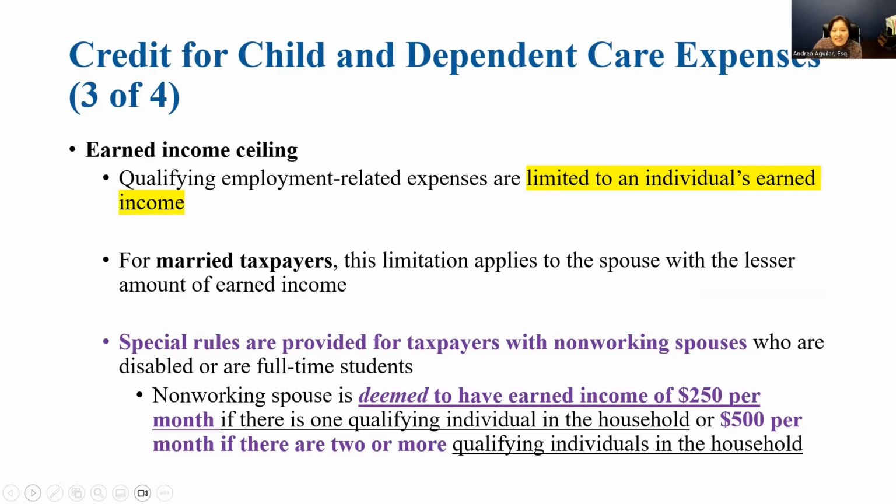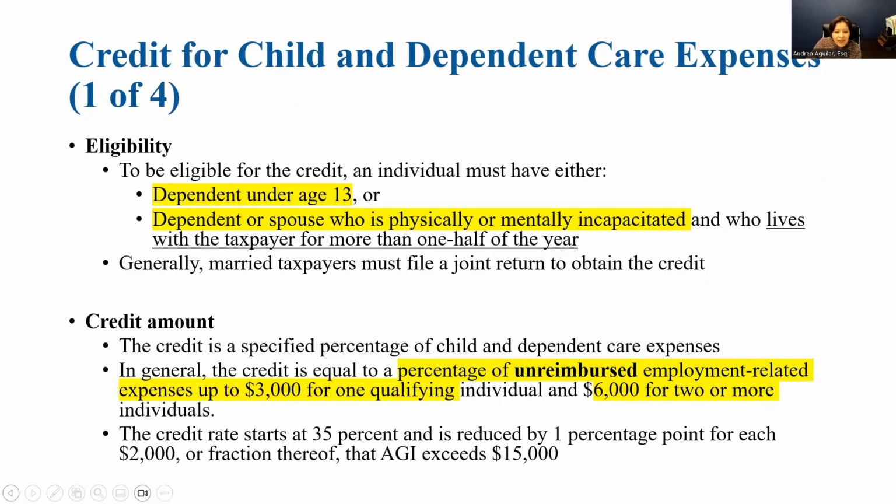Earned income credit ceiling. The qualifying employment-related expenses are limited to an individual's earned income. For married taxpayers, this limitation applies to the spouse with the lesser amount of earned income. Okay, whenever we're calculating the credit for child and dependent care expenses, first, we said, hey, it can be up to $3,000 for one qualifying child or $6,000 for more individuals.